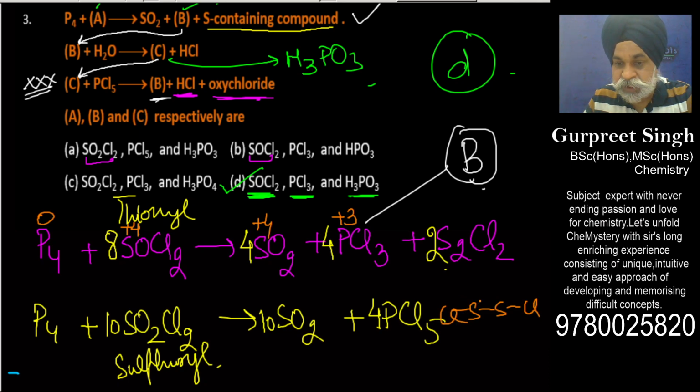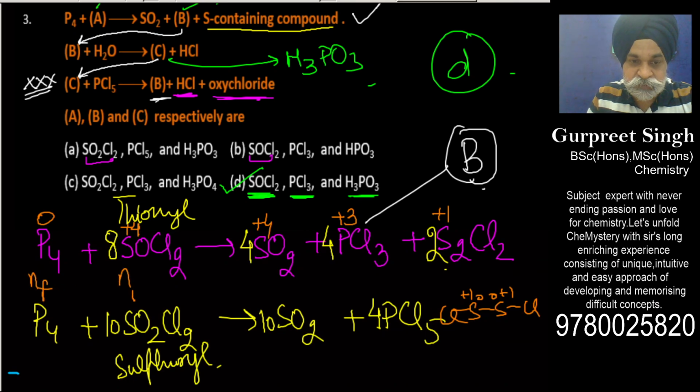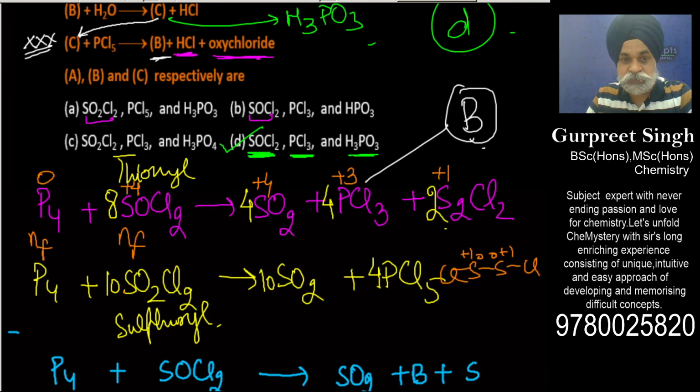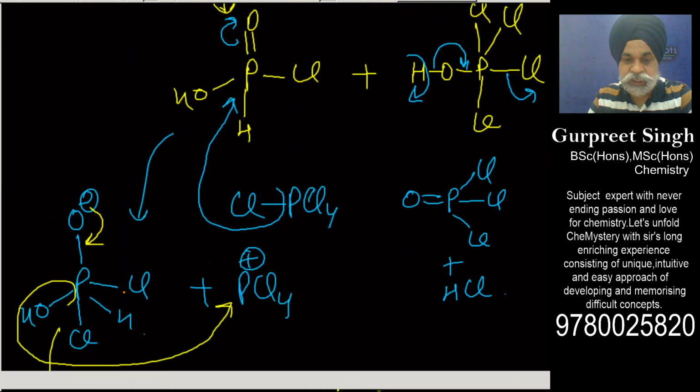So this sulfur, from this bond it is 0, this bond it is 0, and from the chlorine side it is +1, this also is +1. So it is in +1. So phosphorus underwent oxidation, and out of the 8 sulfur, 4 sulfur underwent reduction. This again is a very important question in terms of n-factor also. So the A option, we will say is a redox reaction.